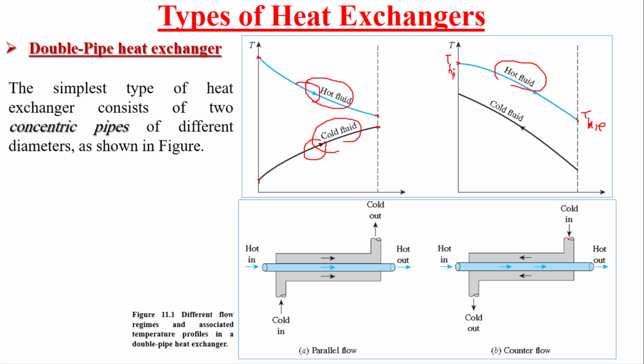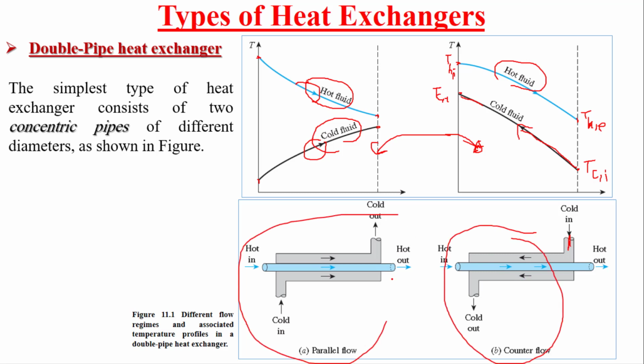But the cold fluid enters from x equal to L. So this is the T cold in, and it flows in this direction, and it exits with this temperature, T cold out. You can compare the two scenarios in terms of efficiency and effectiveness. Actually, in the lab, we'll do this experiment, and you will tell why the temperature in this scenario is higher than this one.